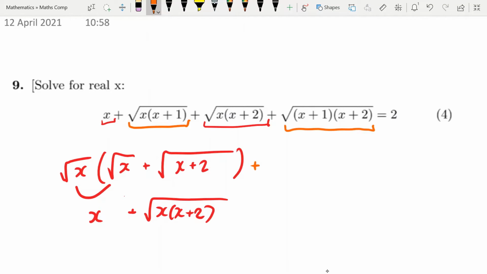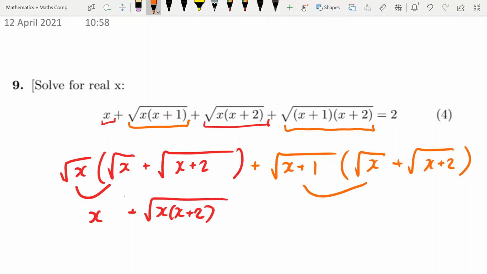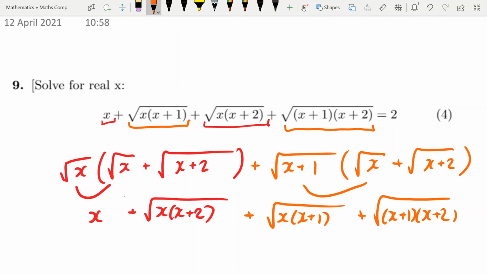You can factorize a root x plus 1 in both terms, and then you multiply that by root x plus root x plus 2. And you can see here you've got the root x times x plus 1, and the root x plus 1 times root x plus 2.